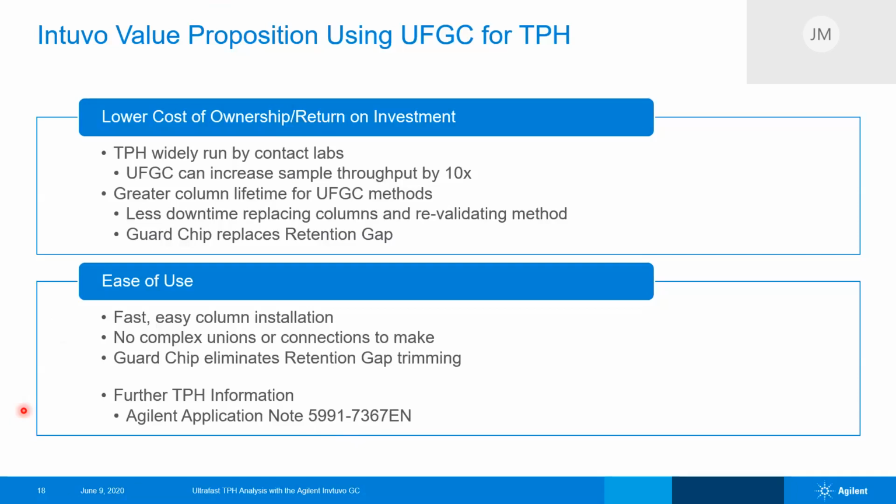So if there's a breakage anywhere in the flow path, that would be sensed by the EPC, and the instrument would go through a shutdown mode. So everything would be cooled off, the EPC would be turned off, and it would stop the flow of the carrier gas, the hydrogen, into the inlet. So that safety feature is inherent in all of our EPCs. But there really is no place to put a hydrogen sensor, and there are really no air voids inside the instrument where hydrogen could possibly build up.